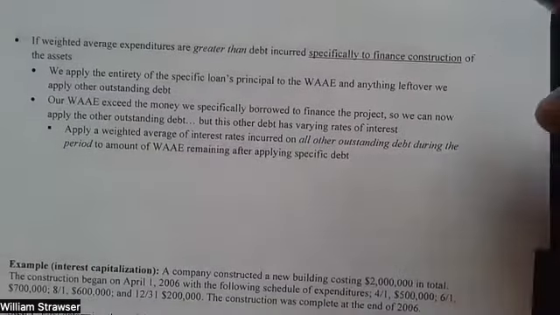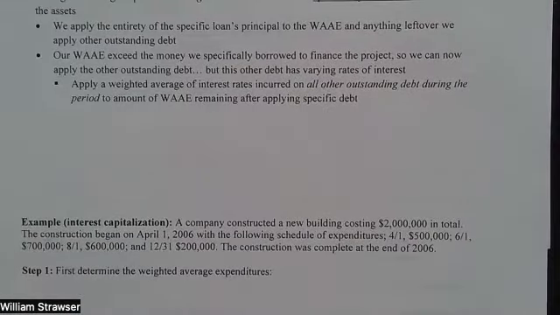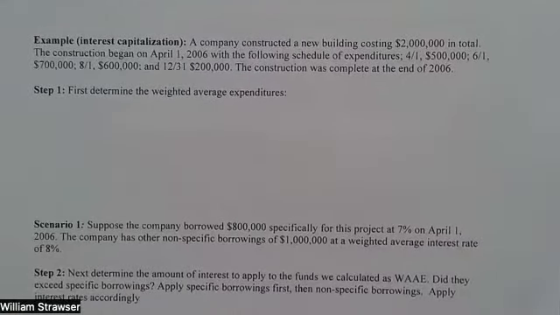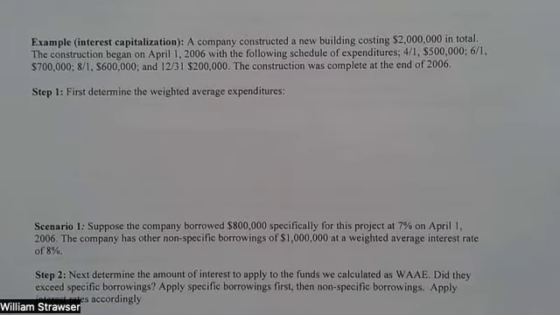And then it just goes through saying, basically, if you run out of money to capitalize, then you're at your maximum amount of capitalization. If you don't run out of money to capitalize, you can basically capitalize all the interest expense. But again, the words get a little confusing until you work through a couple of examples, and then they'll probably make more sense to you.